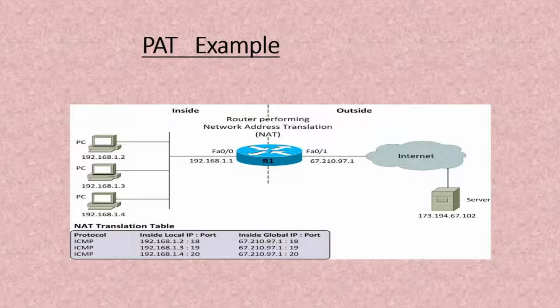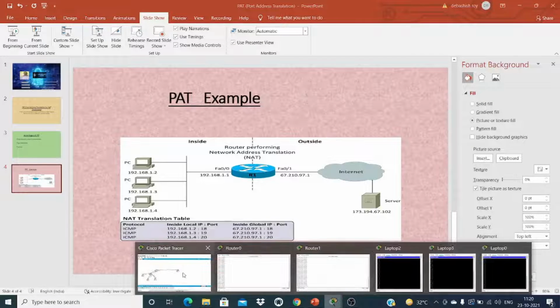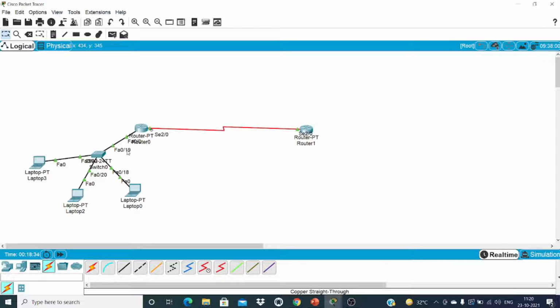So this is the theory for PAT or NAT overloading, and now I'm going to show you in Cisco Packet Tracer in practice. We have a topology where three laptops are connected through a switch to this router.